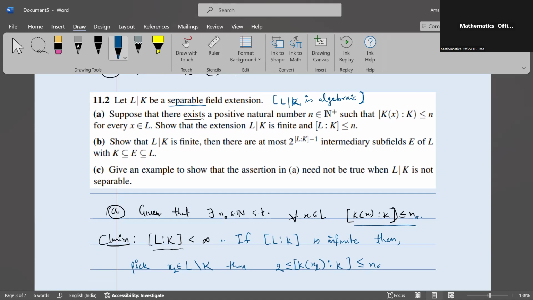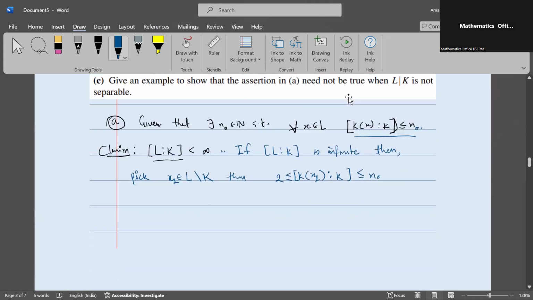So it is algebraic, and k(x1) over k is in fact finite dimensional.